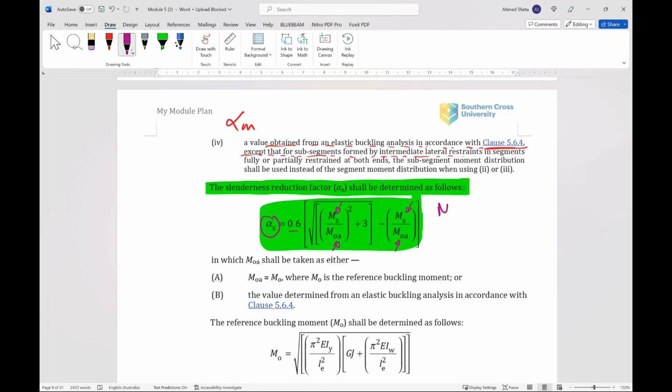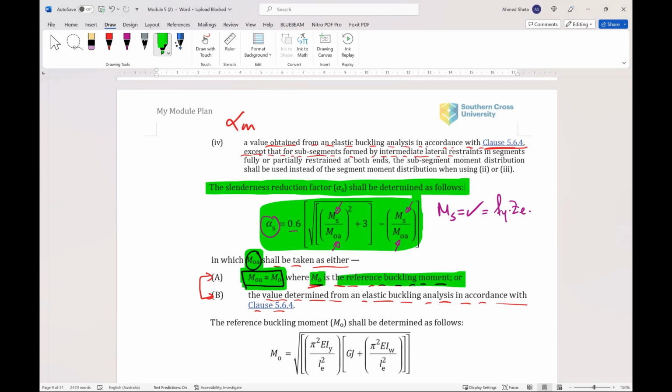So in this equation, we can know Ms because Ms equals F yield times Z effective. But what is Moa? Moa shall be taken as one of these. Moa equals Mo, where Mo is the reference buckling moment, or Moa can be calculated using the value determined from an elastic buckling analysis according to 5.6.4. So we use the first one. So Moa equals Mo, where Mo is the buckling reference moment.